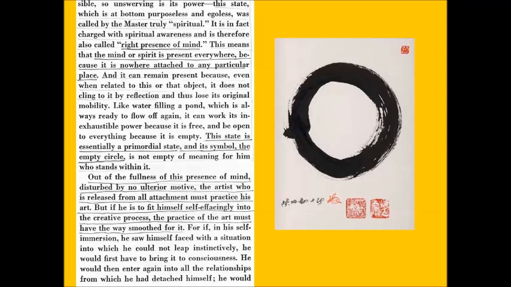But if he is to fit himself self-effacingly into the creative process, the practice of the art must have the way smoothed for it. For if, in his self-immersion, he saw himself faced with a situation into which he could not leap instinctively, he would first have to bring it to consciousness.